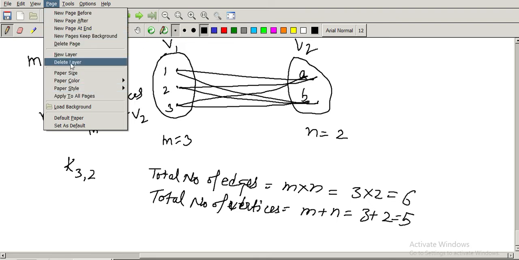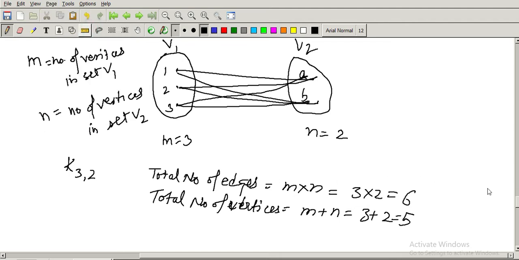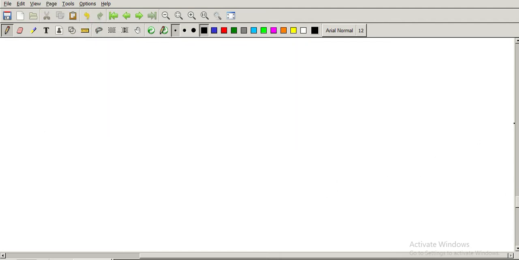Let me add another page, a new page at the end. In exams they are not going to ask you to draw this graph or that graph.